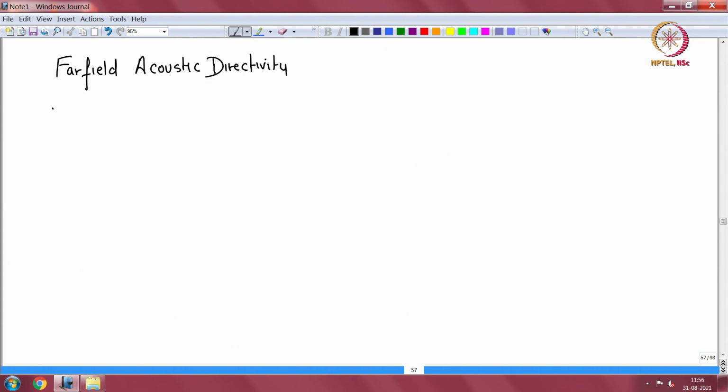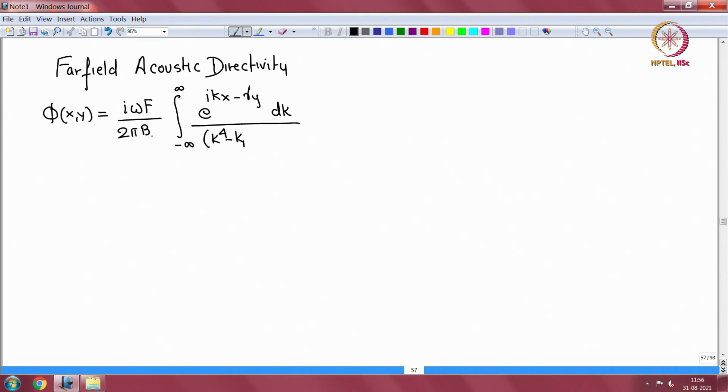Now if you recall, phi of x comma y was given by i omega f by twice pi b, integral minus infinity to infinity, e to the power of i kx minus gamma y, dk by k fourth minus kp fourth, gamma minus mu kp fourth.